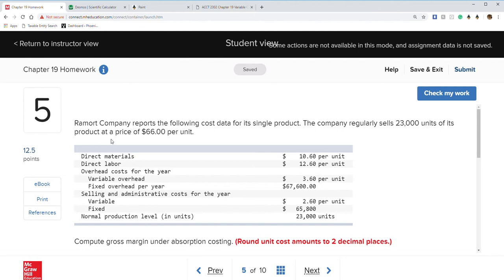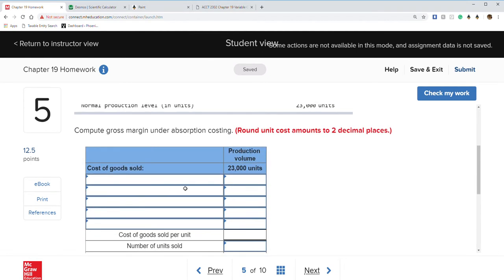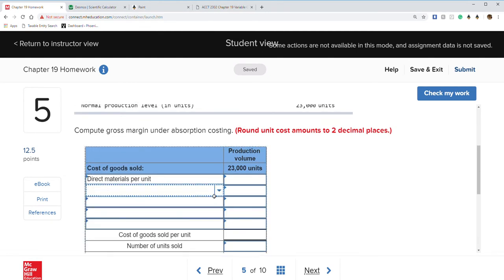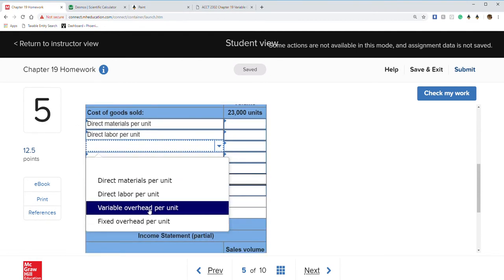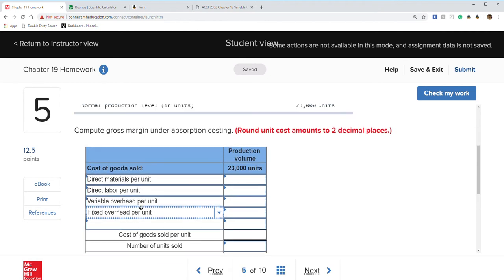Units of its product at a price of $66 per unit. So we're dealing with first cost of goods sold, and we all remember cost of goods sold is our big 3. So direct labor, variable overhead, and fixed overhead. Includes everything because this is the absorption method.